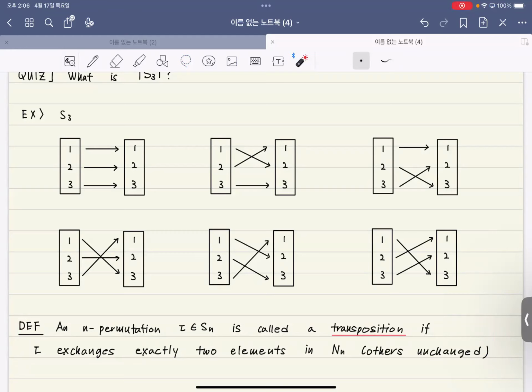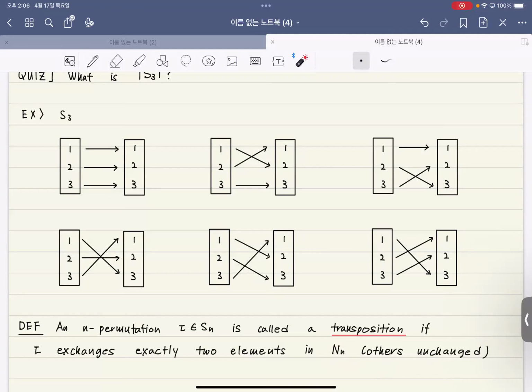An n-permutation tau from S_n, this Greek letter should be read as tau, is called a transposition. A transposition is a very special permutation which interchanges exactly two elements in N_n and leaves the others unchanged.